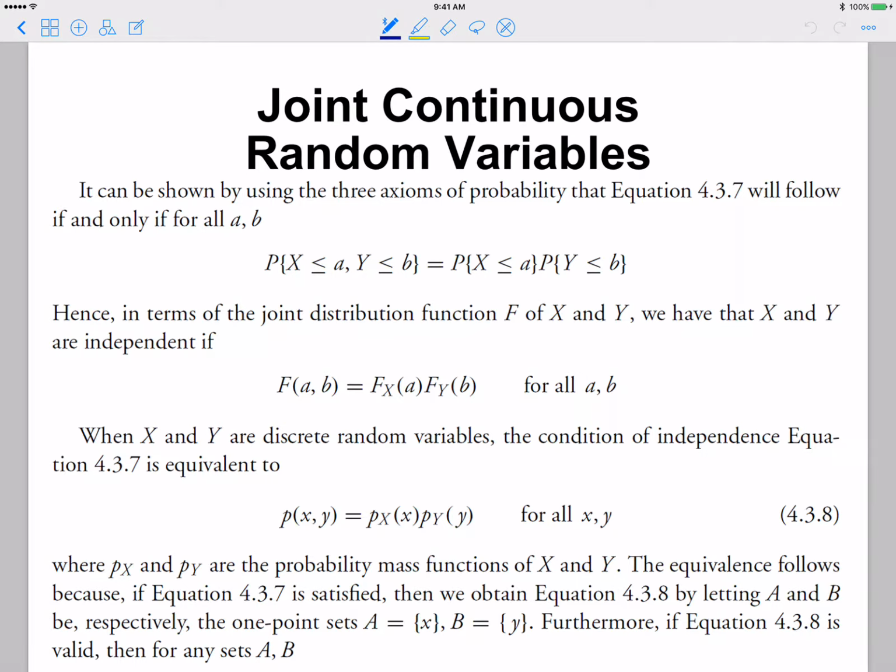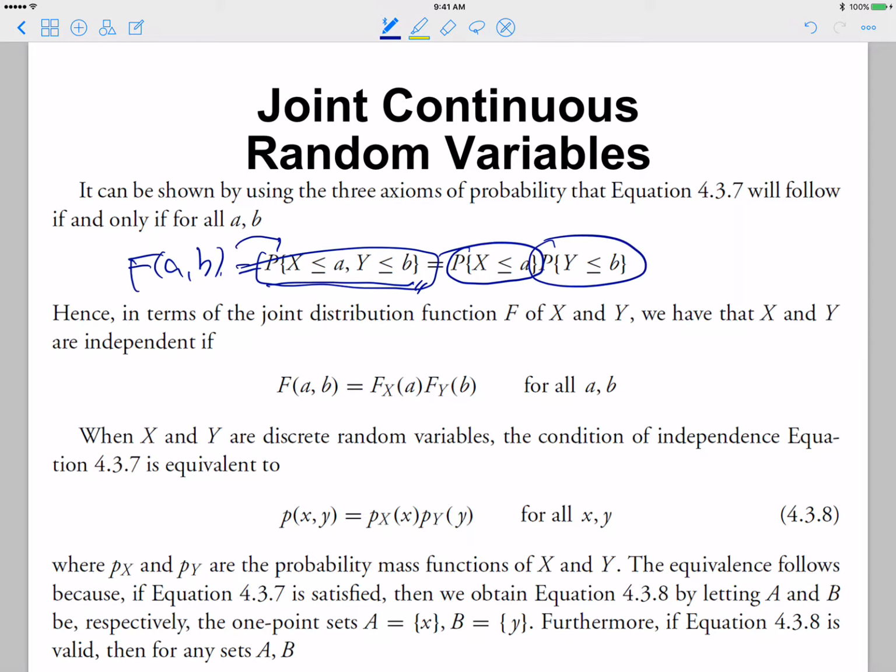And in order to consider our cumulative distribution function, which is F(a, b), so this was by definition our starting point. We started from that cumulative distribution function corresponding to this probability, and if the two variables x and y are independent, then we can decompose it into the product of each of these probabilities.